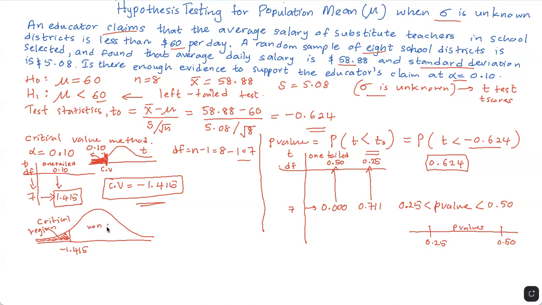This is the non-critical region. So if you compare your test statistic value with the critical value, that number falls over here, right?